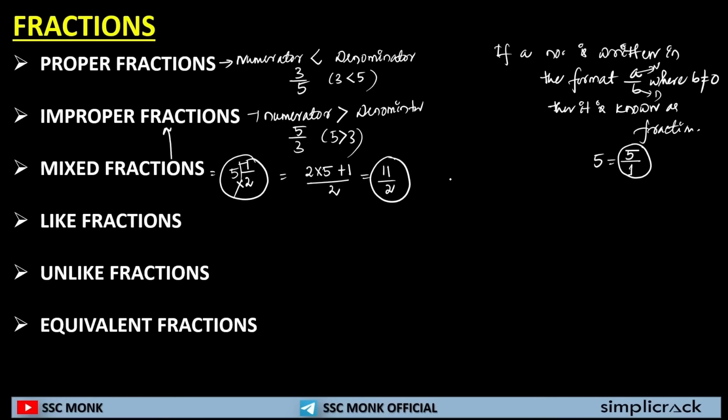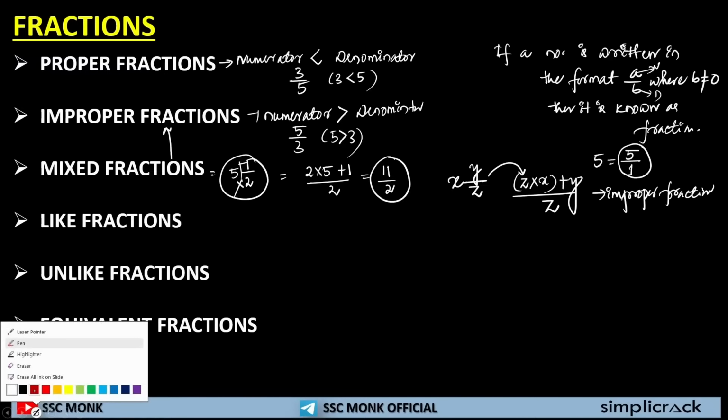So let's say a mixed fraction is like this, x y by z. When we convert it into an improper fraction, we write it as z into x plus y, divided by z. This makes it an improper fraction. Clear? Sorted?